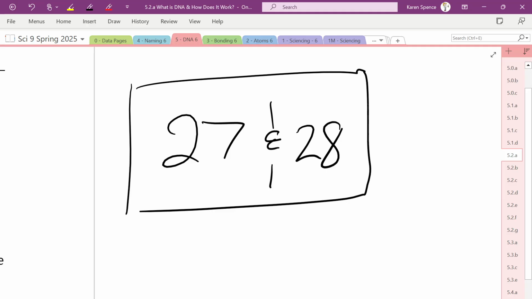Protein. The type of RNA that makes up the ribosomes.